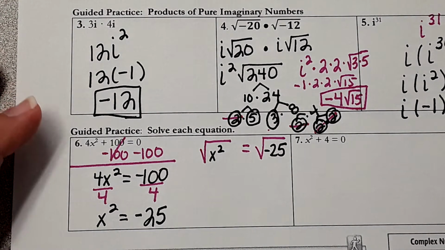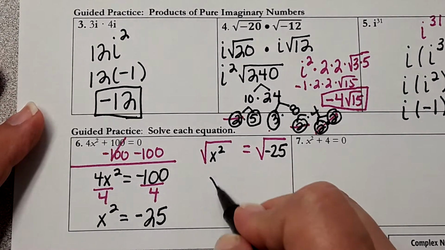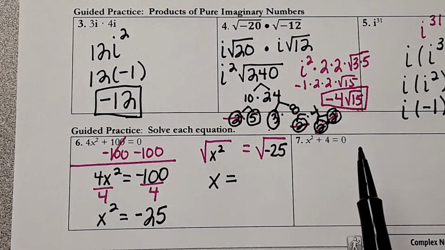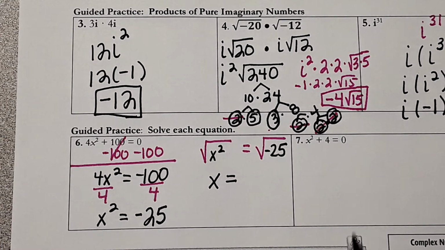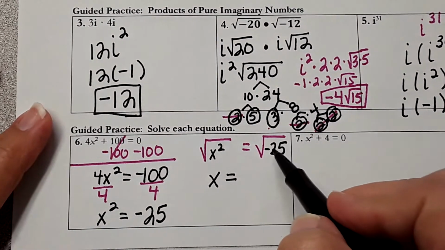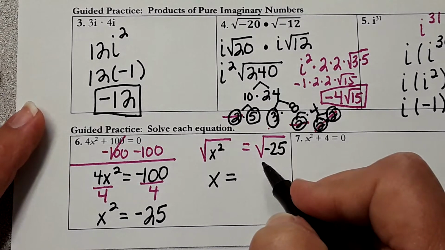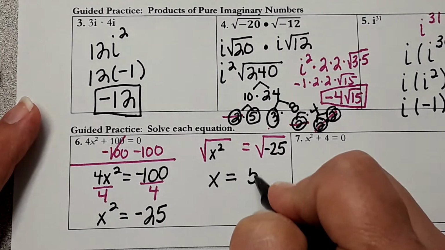The square root of x squared is x. Well, what is the square root of 25? This is one that you probably should know. It is 5. And because there's a negative, that means it's not just regular 5, it is 5i.